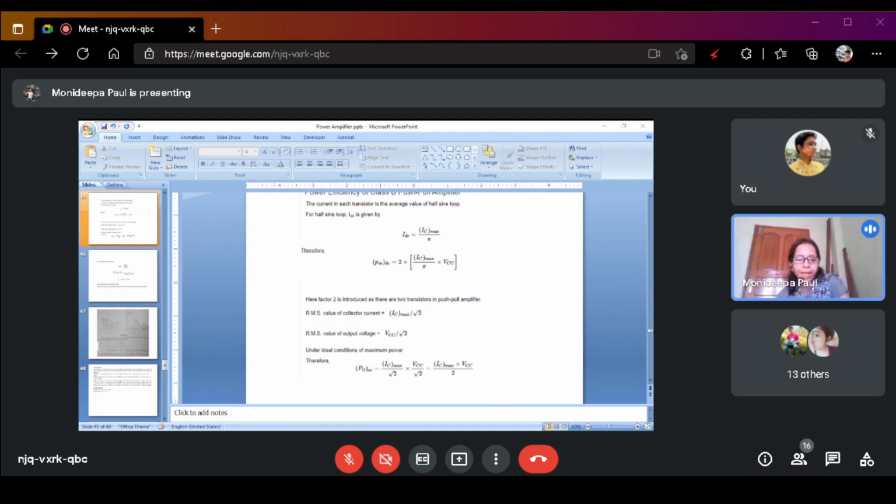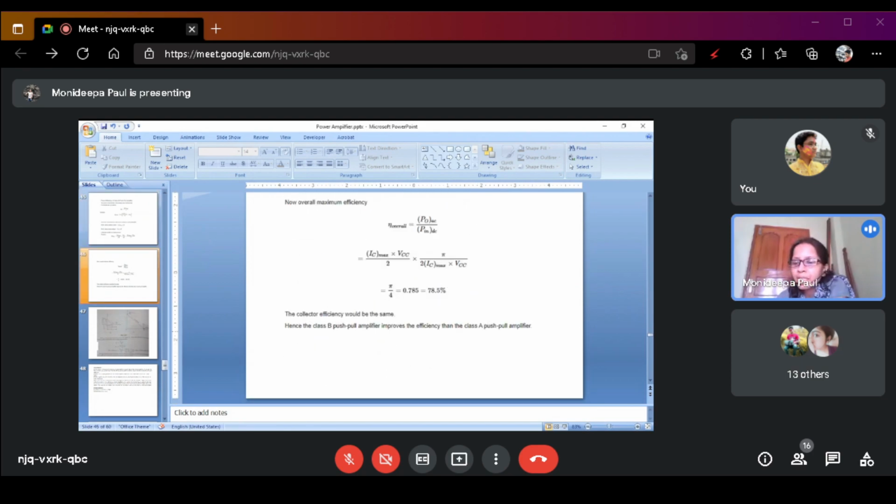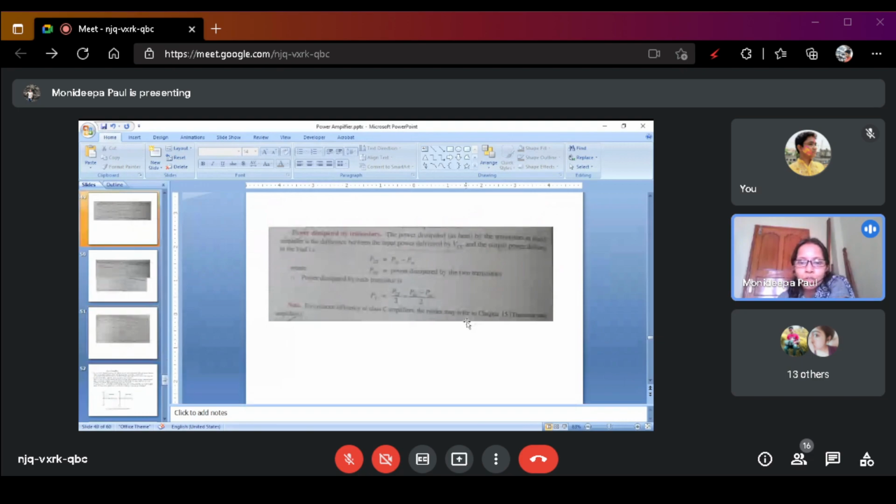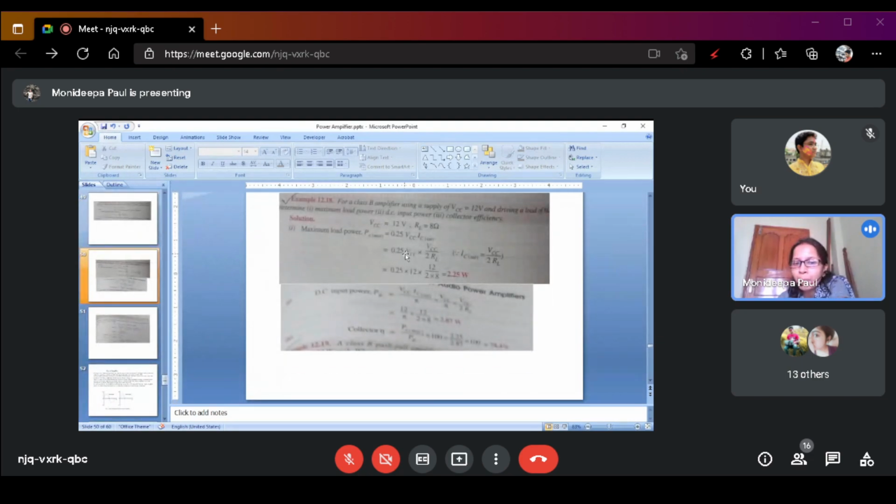Wait a minute. Here in this problem solution, you see the solution, that is the 0.25. How do you get this 0.25?